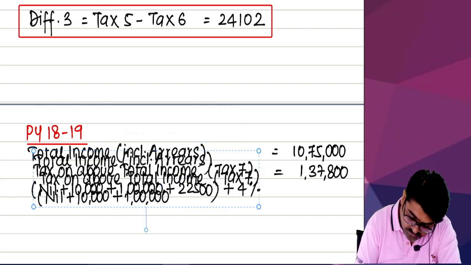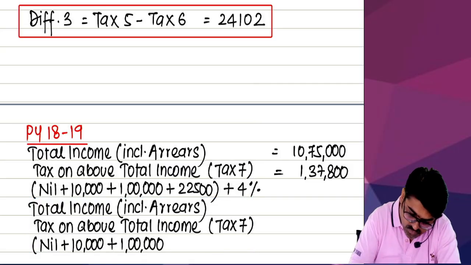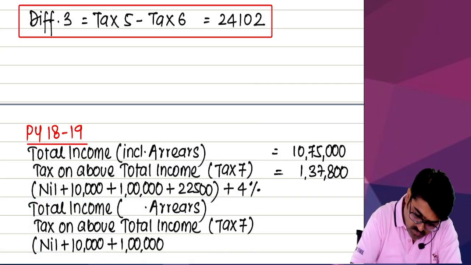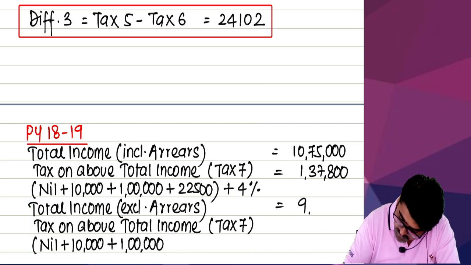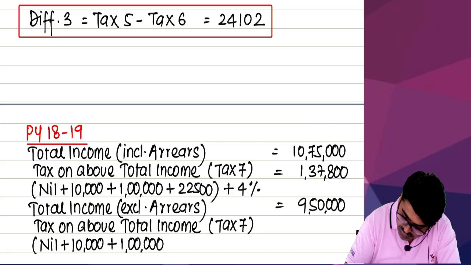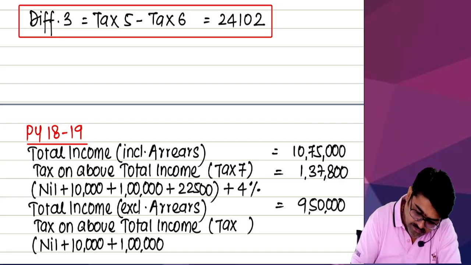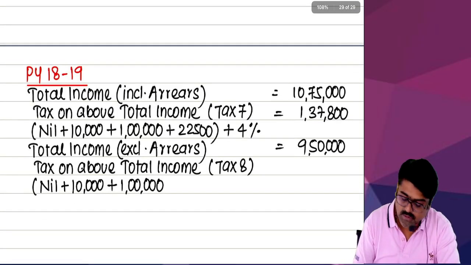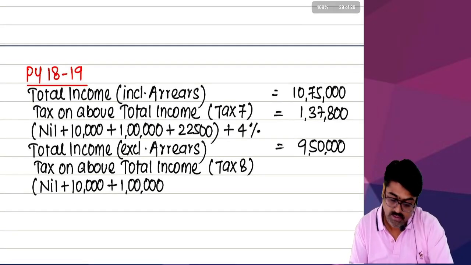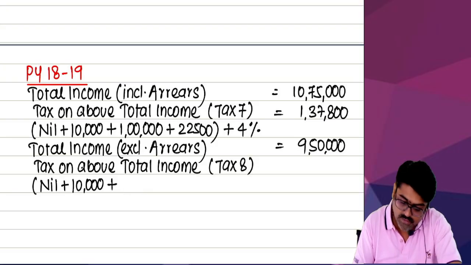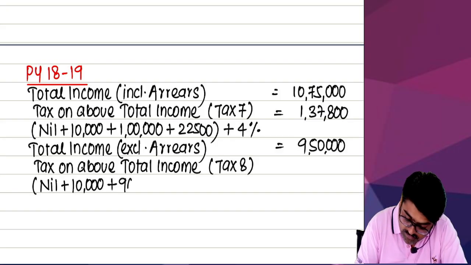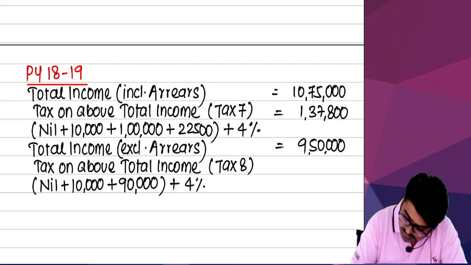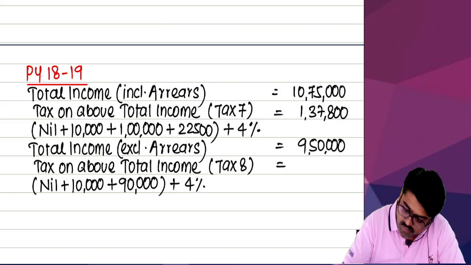Now total income excluding arrears. How much was that total income? 9,50,000. On that I am calculating tax 8. First nil, then 10,000, then on 4,50,000 I will calculate 20%, which will be 90,000, and on that add 4%. 1,04,000.